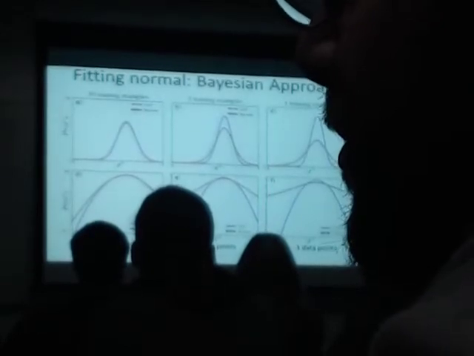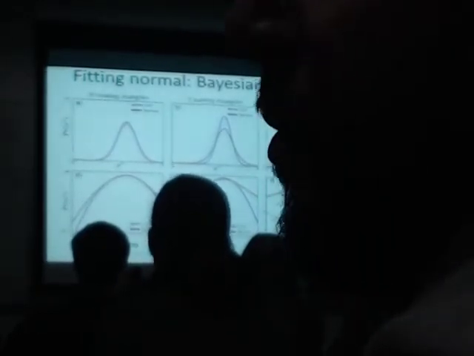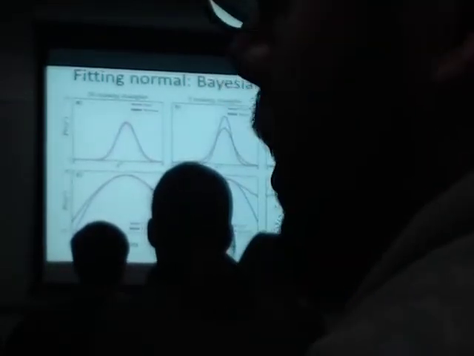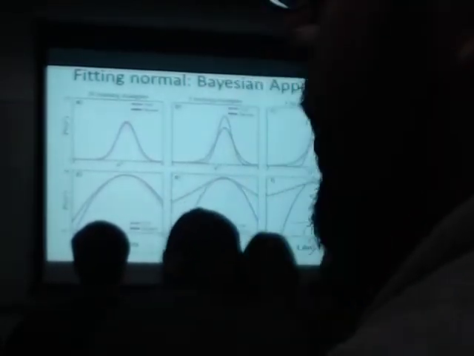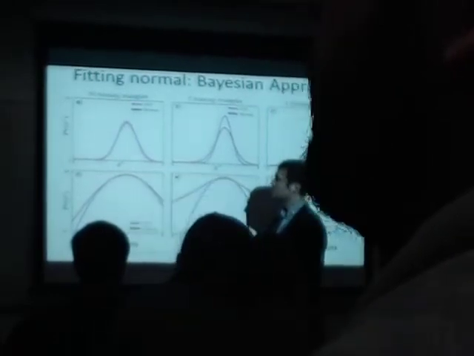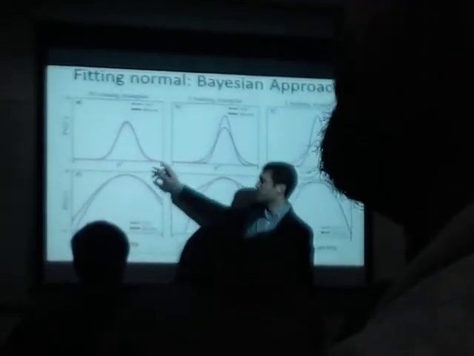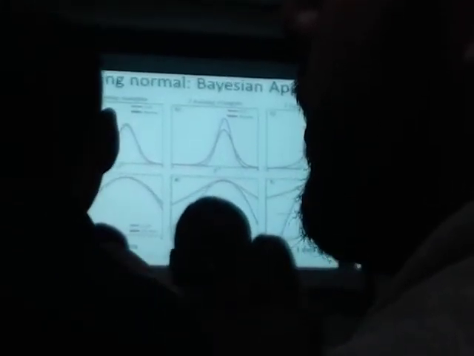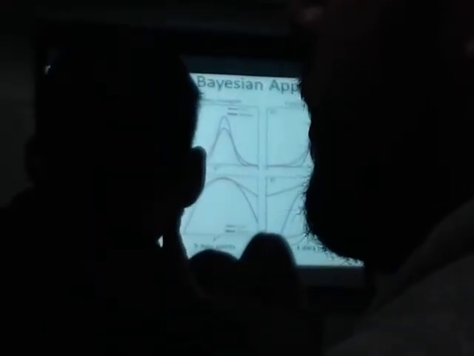So this is illustrating the point from before, but in a new way. You've got the MAP and the Bayesian estimate when you have a lot of training data, and they're very similar.